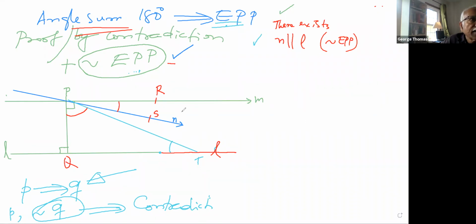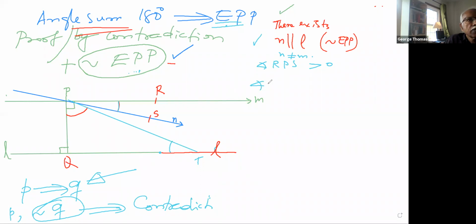But if I get N, there is an angle there. Therefore, angle RPS is not 0. Agreed? Yes, because N is different from M. If RPS is bigger than 0, I can construct another angle going far enough.